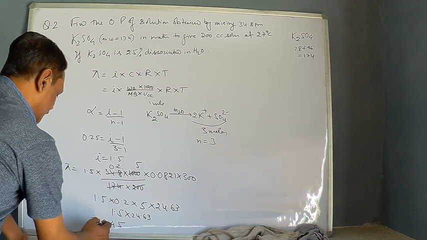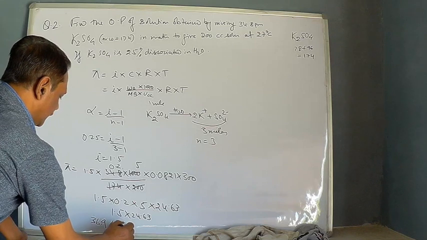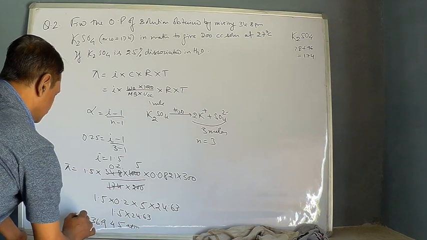So class, we get 36.945 atm osmotic pressure.